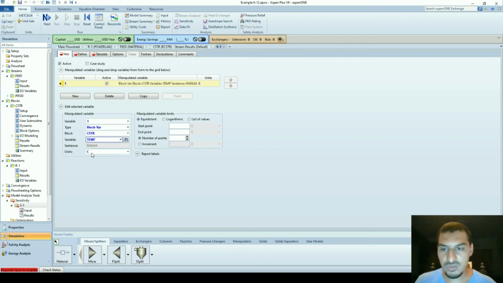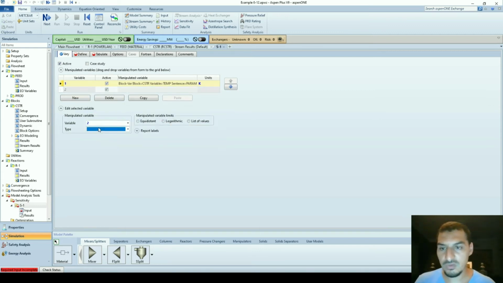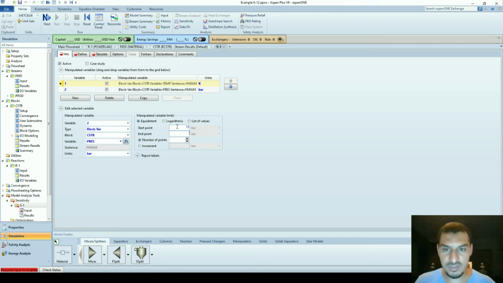The range that we used in Kelvin was from 450 to 550 with the 10 Kelvin increment, and now I'm adding a new variable, which is again a block variable, the CSTR. The variable is the pressure, from 15 to 75 bars, with an increment of 10.